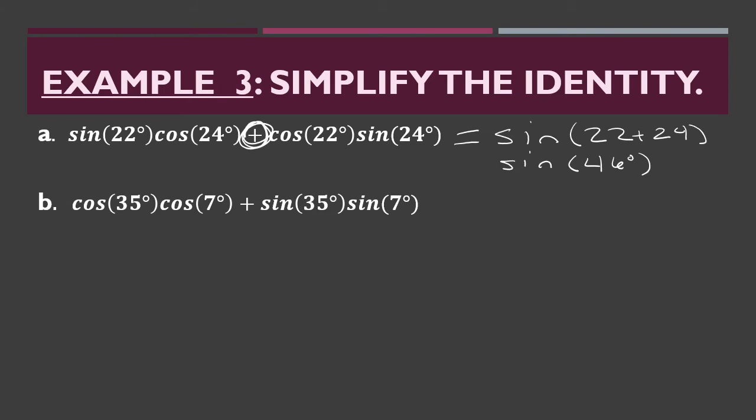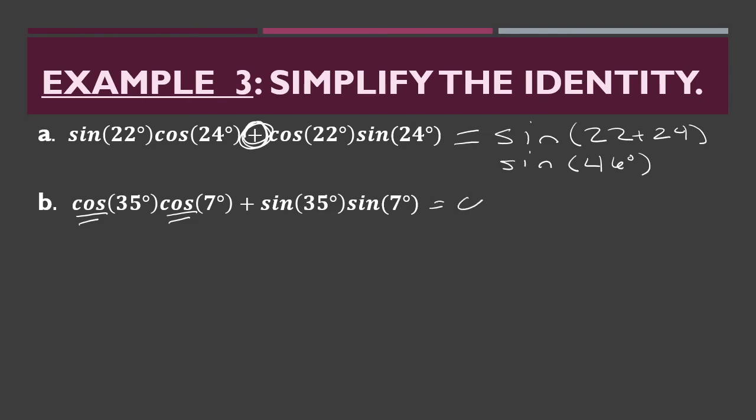The cosine of 35 degrees times the cosine of 7 degrees plus the sine of 35 degrees times the sine of 7 degrees. So again, the question of the day, who put the date together, Sinbad or Cosette? Well, if you recall, when Cosette put the date together, Cosette puts herself with her sister.